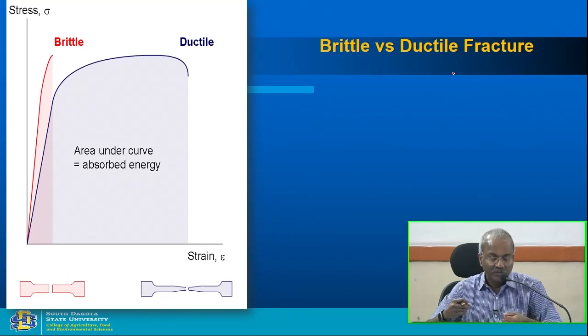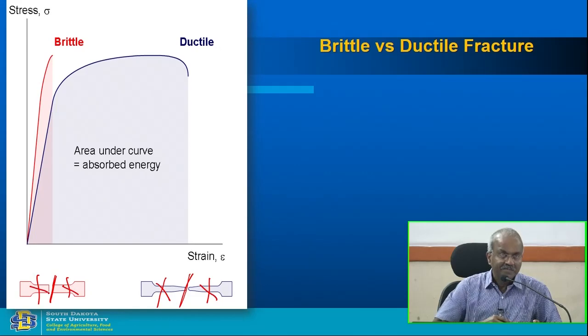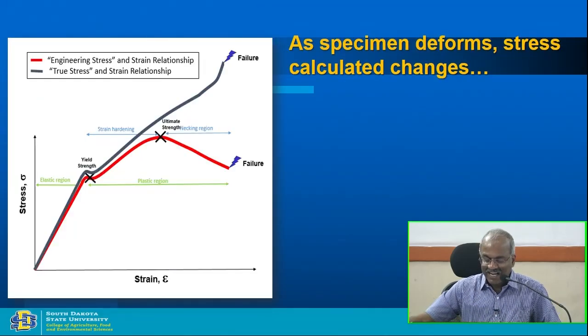That's the difference between brittle and ductile. Whatever happens, if you do this test, make sure that you break it in the middle. Otherwise, this test is no good. If it breaks here, it's no good. So that's why people don't do this test. We do the easy test.